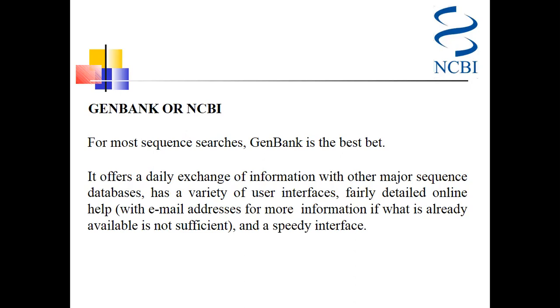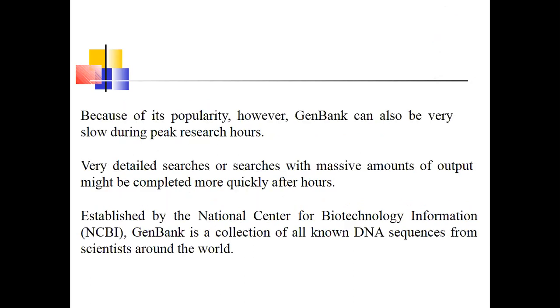It offers a daily exchange of information with other major sequence databases, has a variety of user interfaces, fairly detailed online help, and a speedy interface. Because of its popularity, many people all over the world grab data from GenBank, so it is usually slower than other databases and has much traffic.